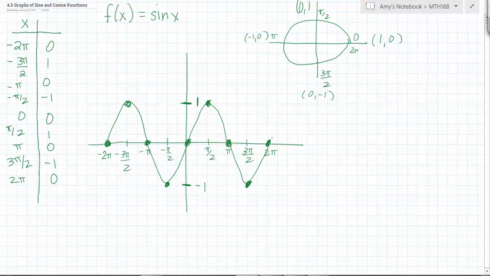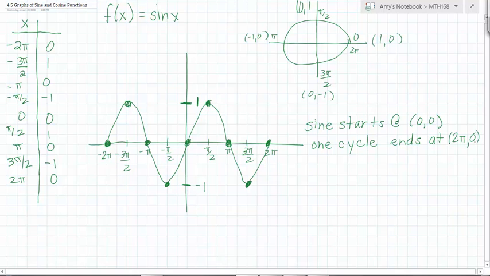You can see your sine function. You notice that the sine function repeats itself. Well, the sine function starts at 0, 0, and one cycle ends at 2 pi, 0.